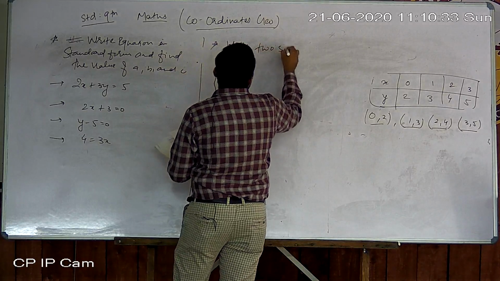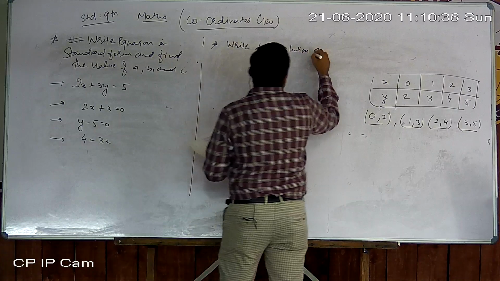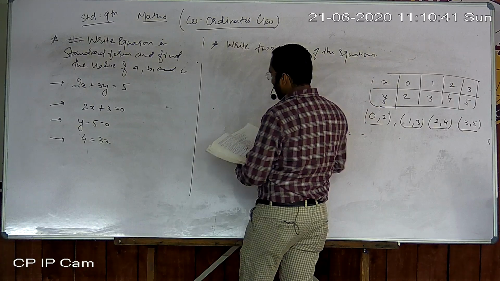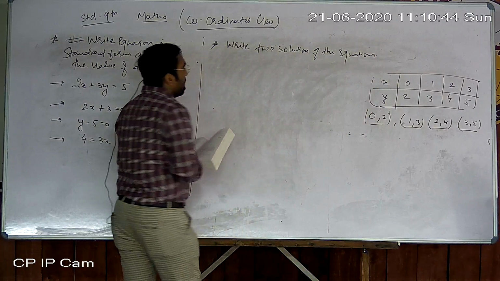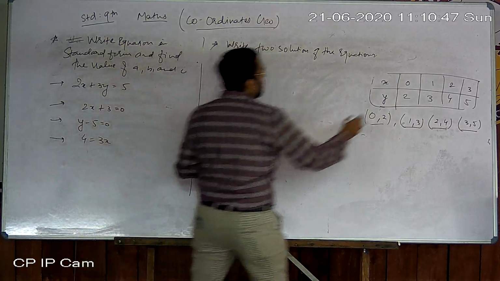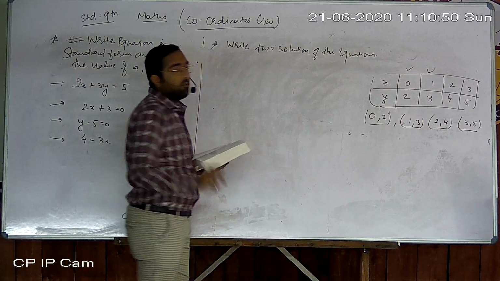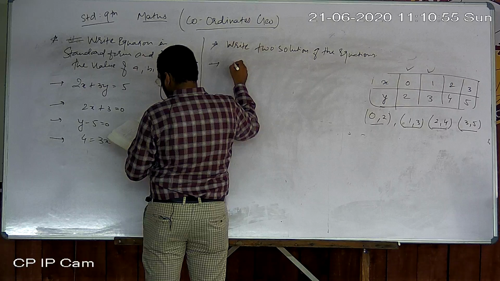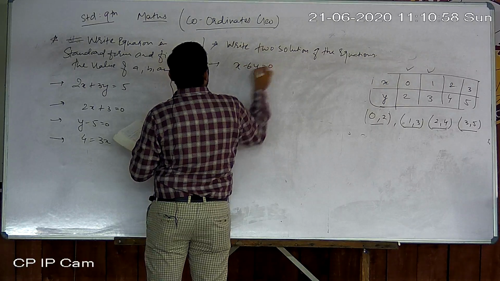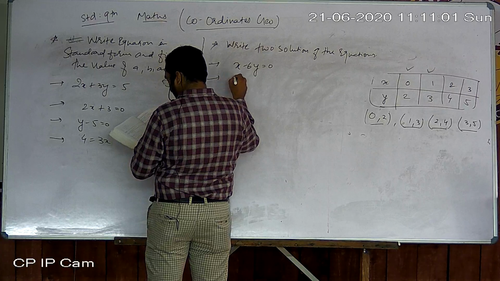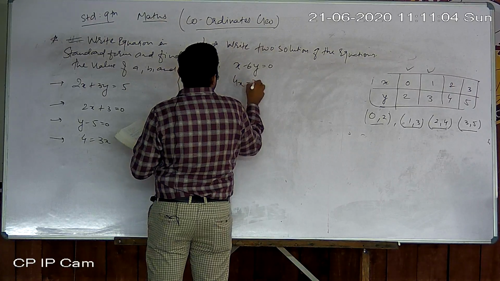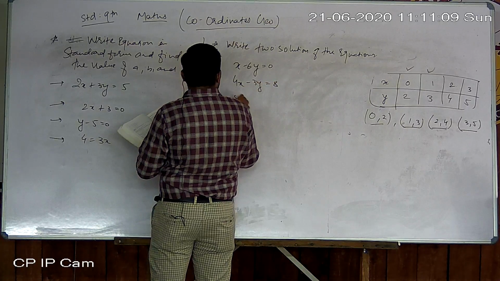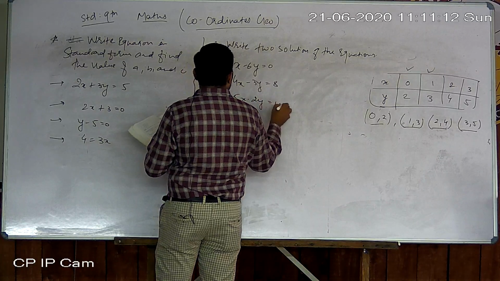Two solutions means you have to write just two values, that is 1 and 2, for x. First is x minus 6y equal to 0. Second is 4x minus 3y equal to 8, and third is 5x minus 2y equal to 10.